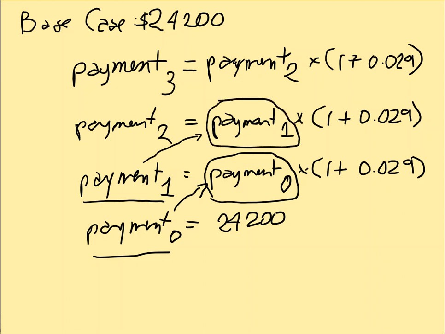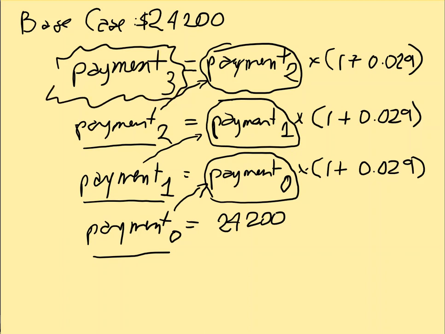And multiply that by 1 plus 0.029 and find out what we'll pay in year 2. Once we know what we'll pay in year 2, we can replace it up here and multiply by 1 plus 0.029, and we will finally get our result. What we really want to know, how much we'll be paying in year 3.